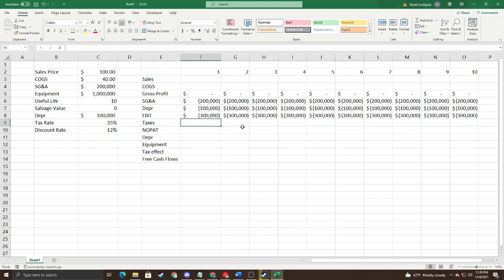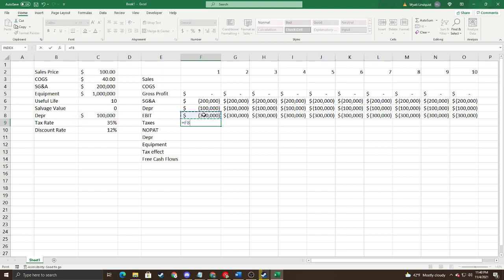So in this case, the taxes will always be earnings before income taxes times the tax rate, and that's actually wrong.